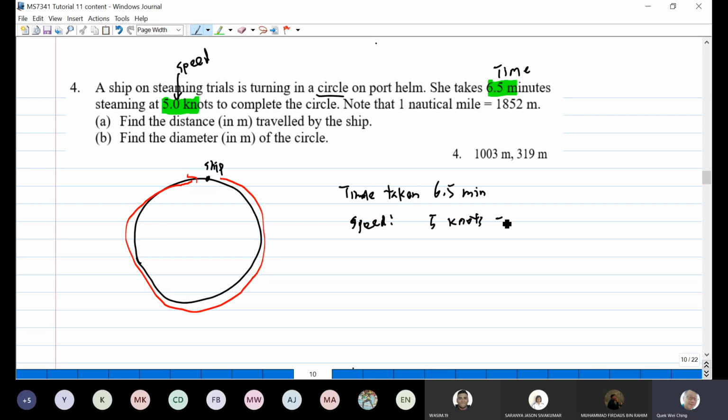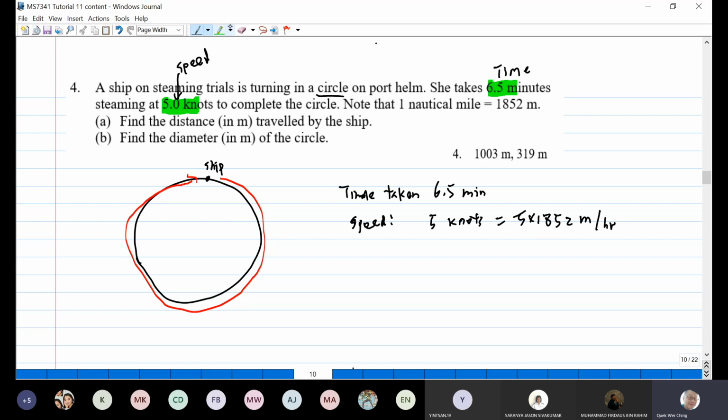5 knots means 5 times 1852 meter per hour. This is what I mean.